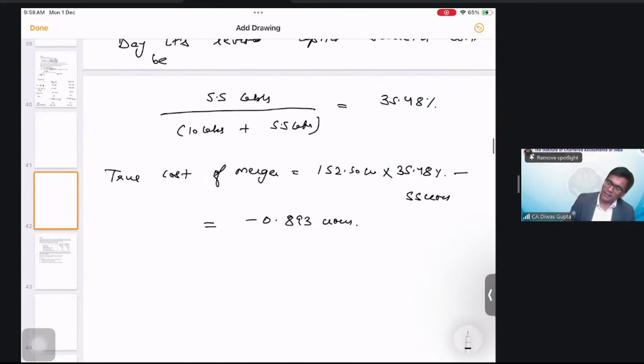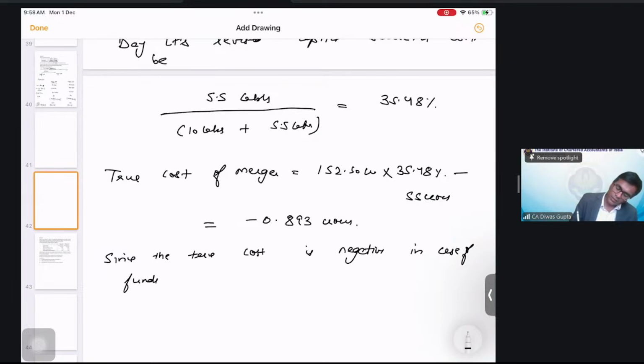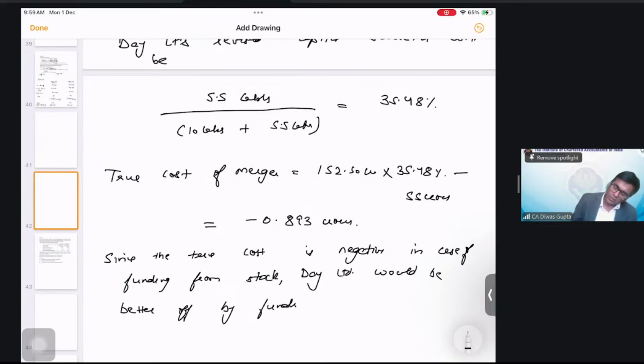Now if you see here, since the true cost is negative in case of funding from stock, Day Limited would be better off by funding the takeover by stock.